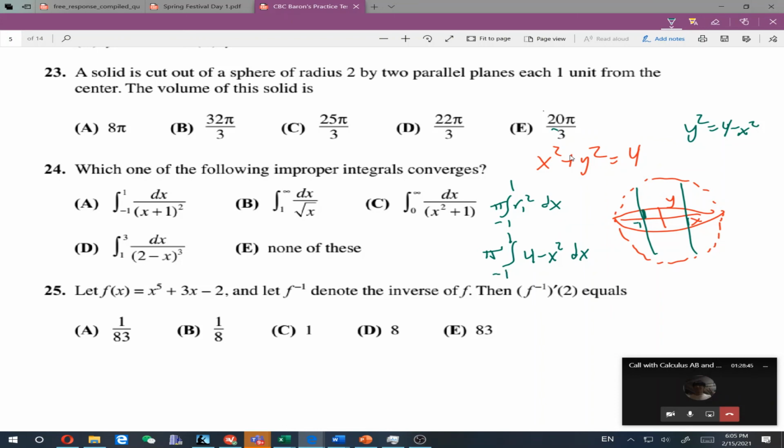Okay, and then what that does is that spins this space out and keeps spinning that space out as y gets bigger and bigger to give us all of this shape, from -1 to +1.